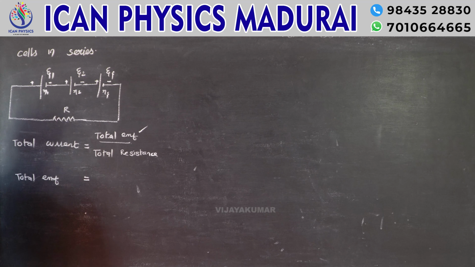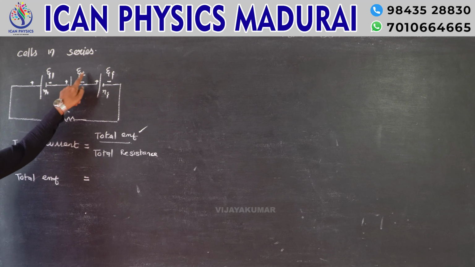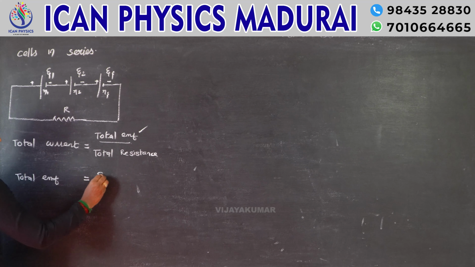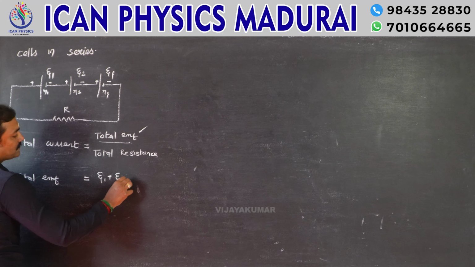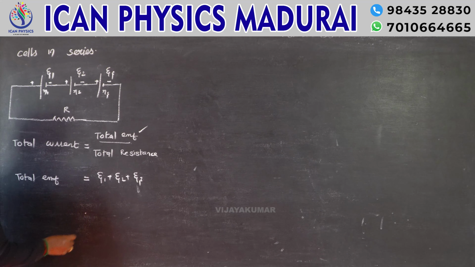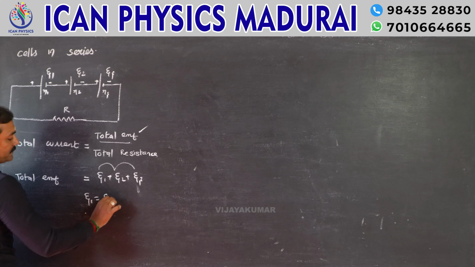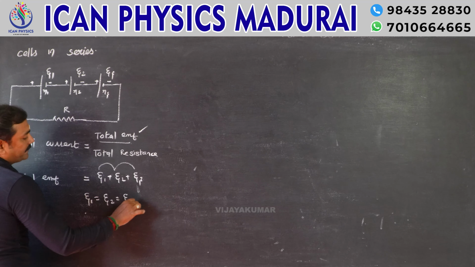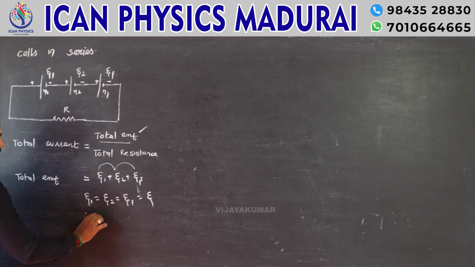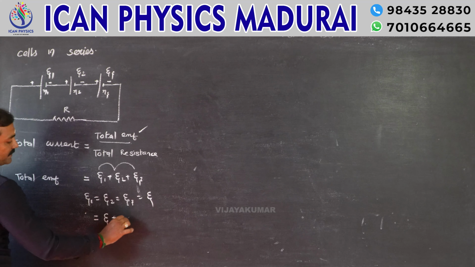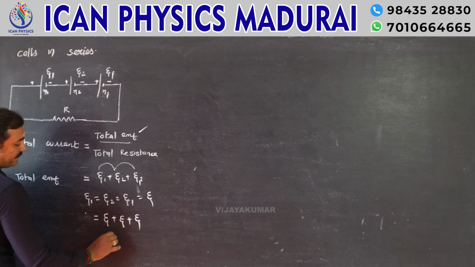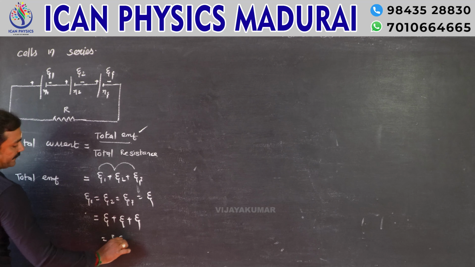How can we calculate it? The EMF of the first, second and third: psi 1 plus psi 2 plus psi 3. Let these all be equal, psi 1 equal to psi 2 equal to psi 3 equal to psi. Then we can write psi plus psi plus psi, which is 3 psi.